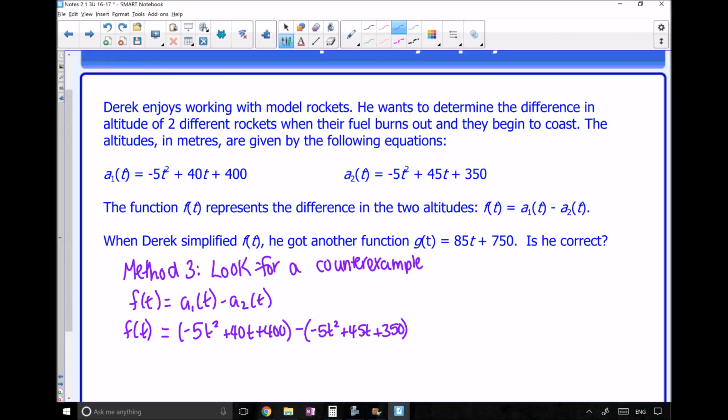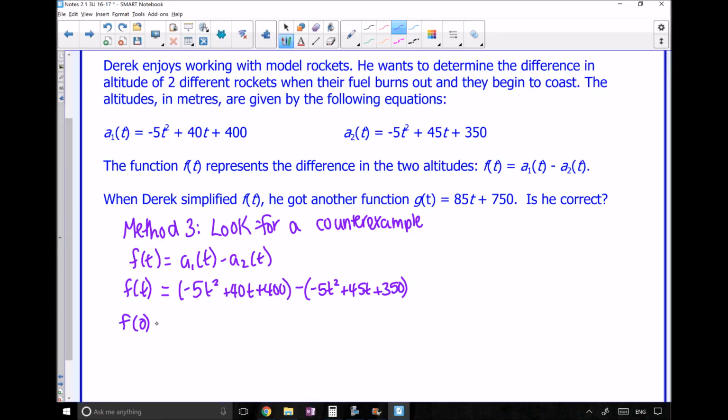Okay, so now I'm going to plug in a random value and see what I end up getting as my output. I'm going to choose the easiest value I can think of, and that's 0. So I plug it in, and I get negative 5 times 0 squared plus 40 times 0 plus 400 minus negative 5 times 0 squared plus 45 times 0 plus 350. Okay, so right here I end up getting f of 0.